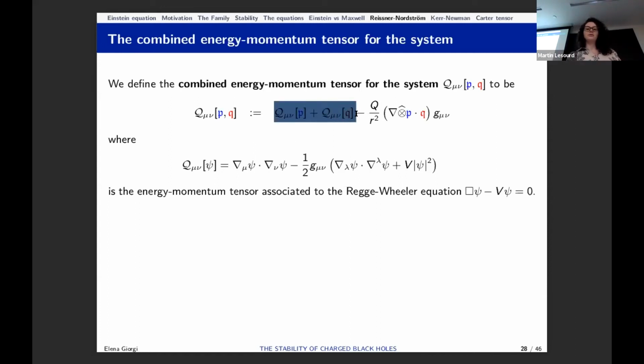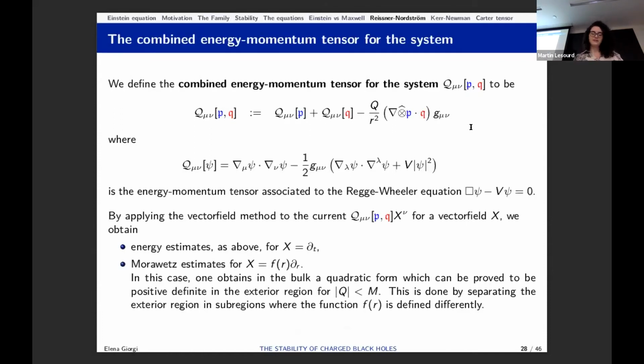So you sum the two energy momentum tensors of the two equations, which are defined in the standard way, and then you subtract this sort of symmetric dot product. What the system being symmetric really means is that this energy momentum tensor has divergence equal to 0 when applied to a Killing vector field.